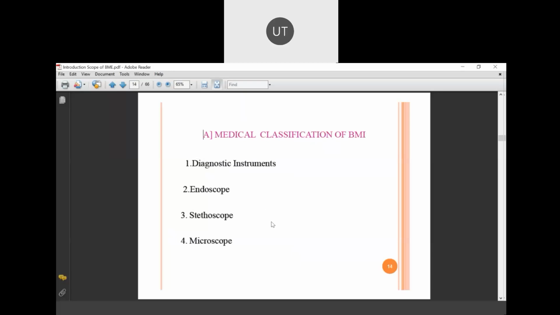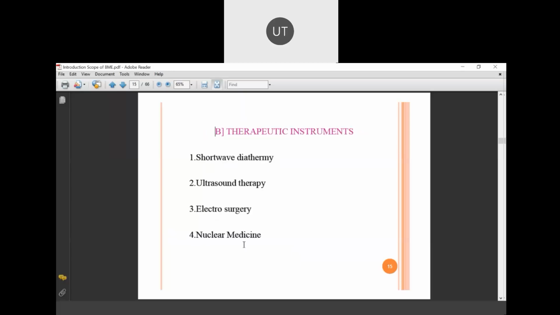Now next is the medical classification. So diagnostic instruments. These are the instruments used for the medical. Okay. So endoscope. Endoscopy is generally used in order to just view the internal body parts, like the stomach. Basically the stomach. Okay. Then stethoscope, it is used to just listen to the sounds of the heart. Microscope, we can obtain and see the microscope.